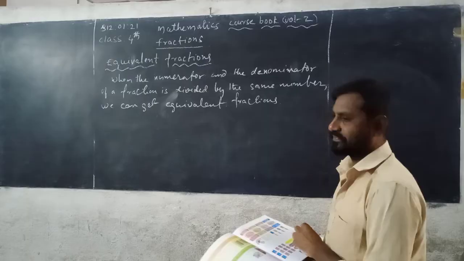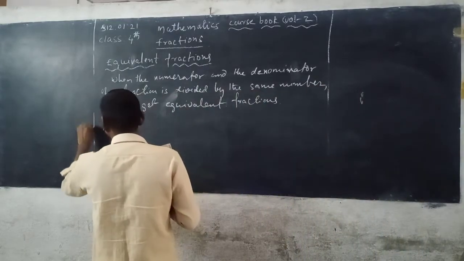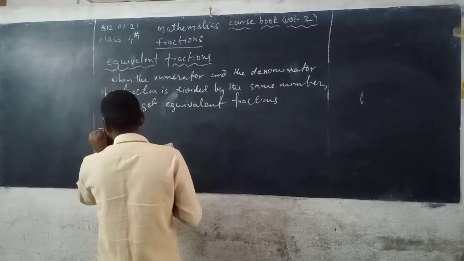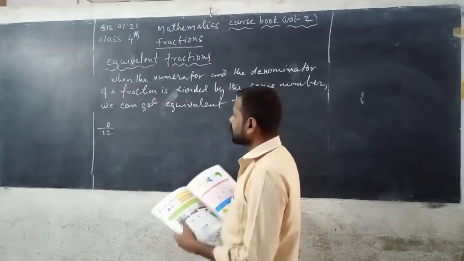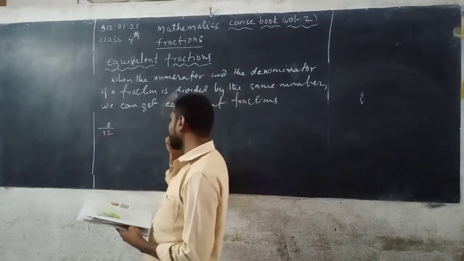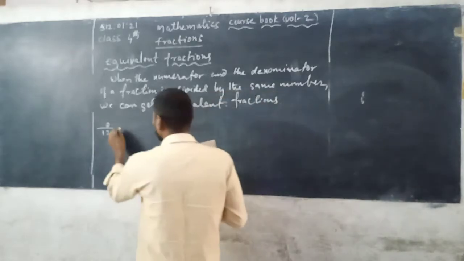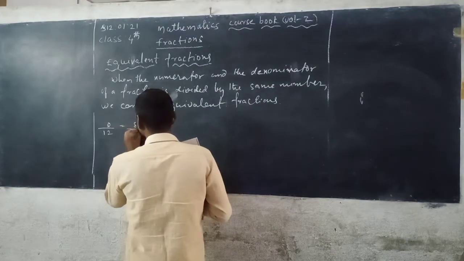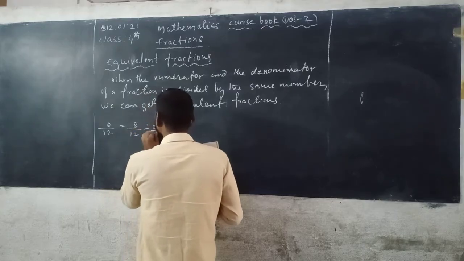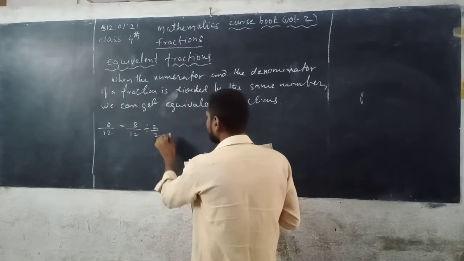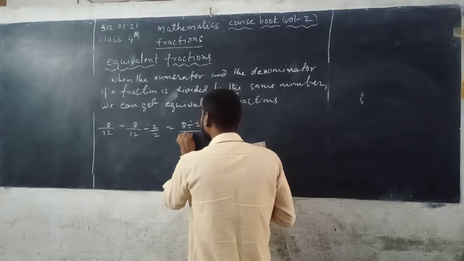See here, now the given fraction I am taking is 8 by 12. The numerator and denominator of 8 by 12 are divided by 2. It can be written, look at the blackboard, 8 divided by 2, 12 divided by 2.